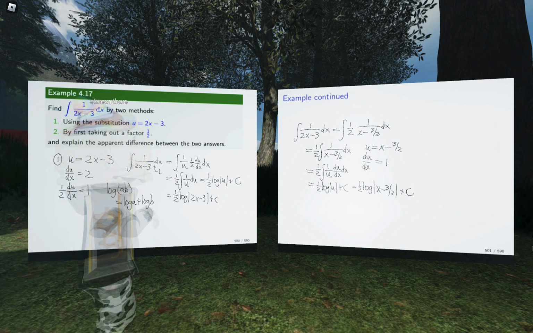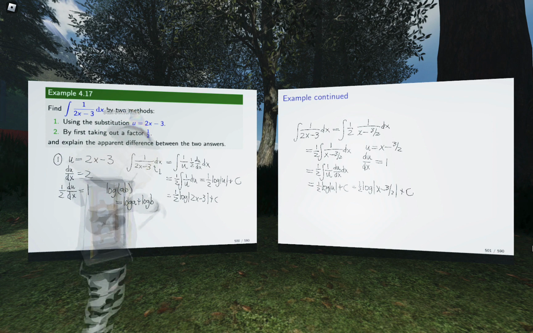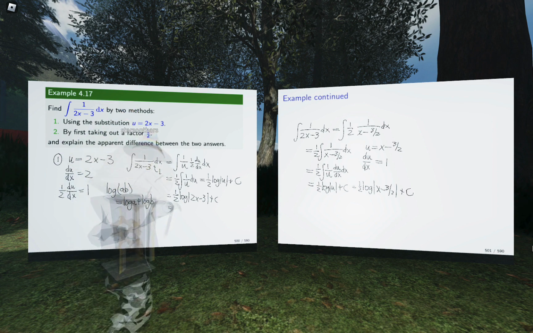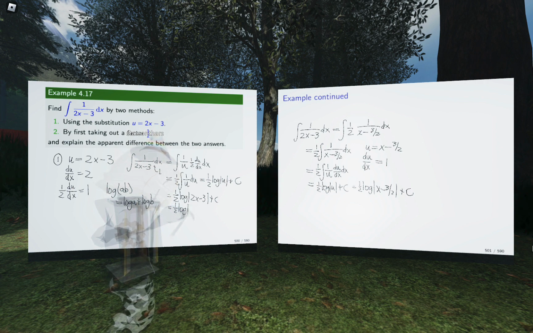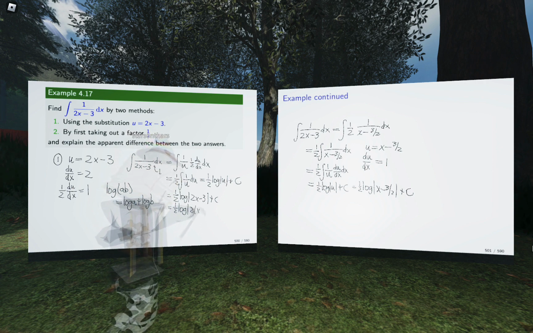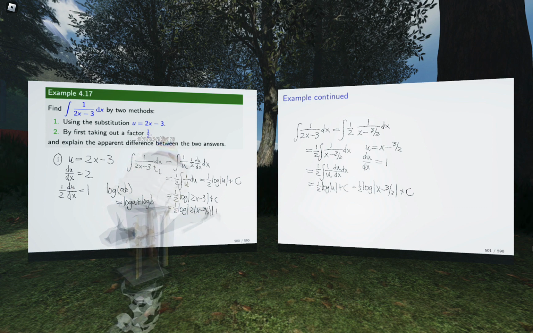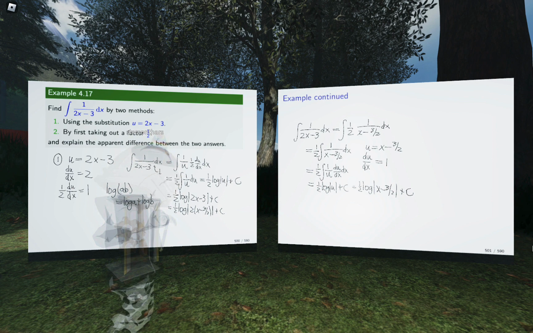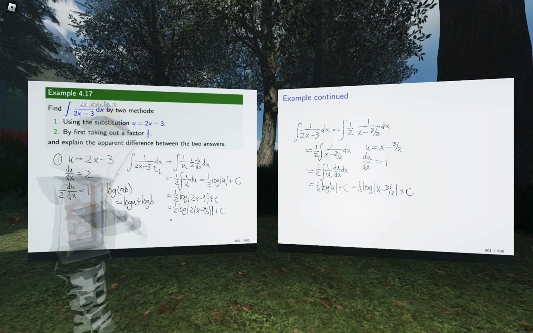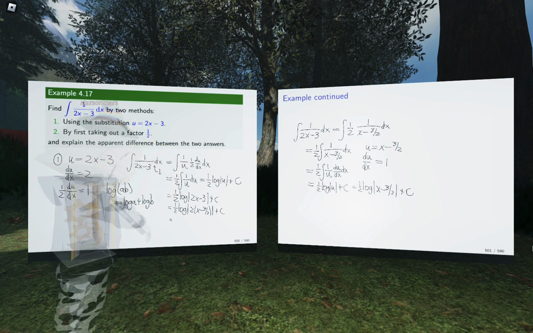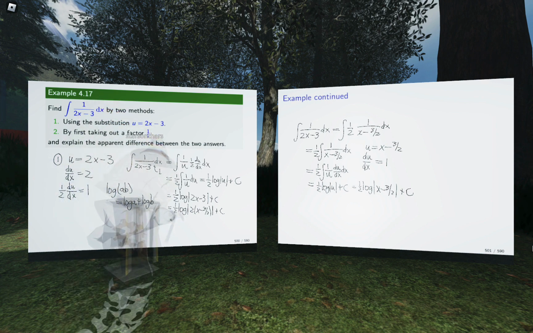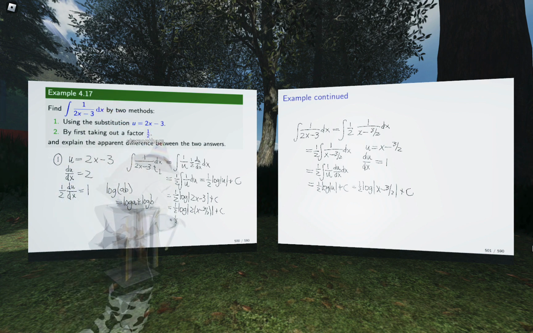So that log 2 becomes, by this, half log 2 plus the thing I have over on the other side.